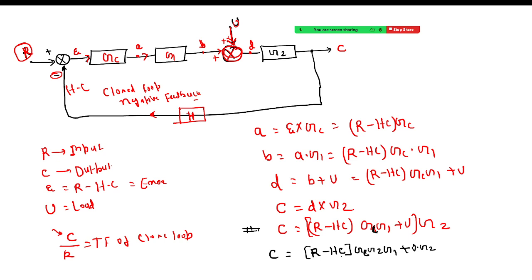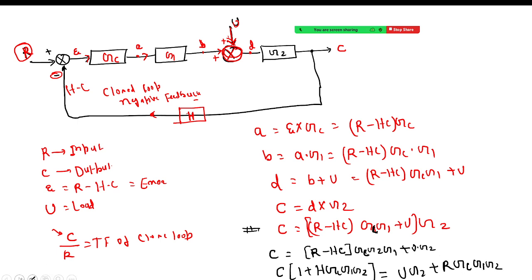Again, C is here, right? So I'll place C on this side. If I take C common, it will be C times 1 plus H GC G1 G2. I hope this picture is clear, right? That is equal to UG2 plus R GC G1 G2.